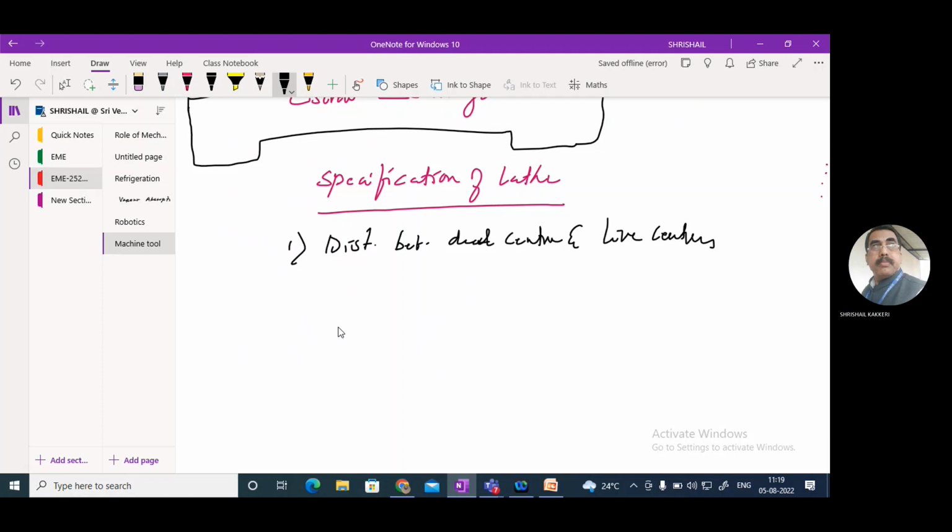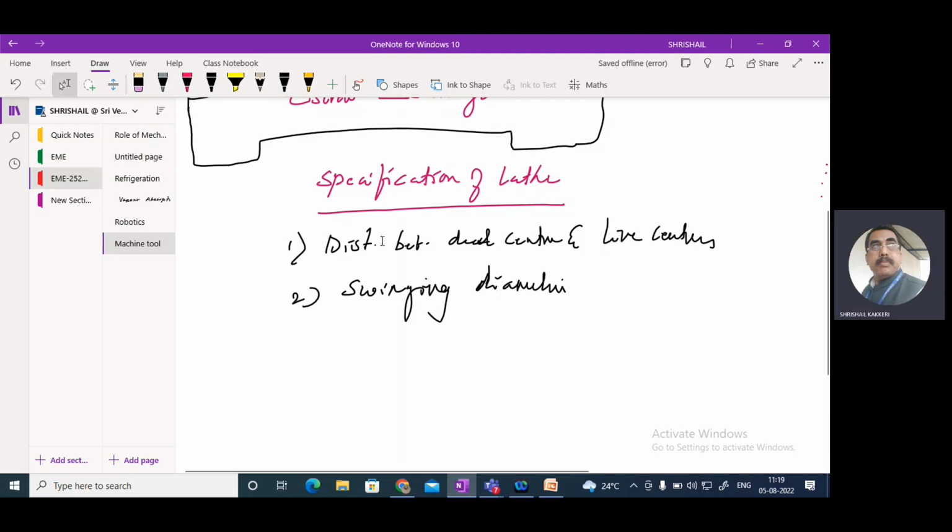The next one, the swinging diameter. The swinging diameter means, if it is rotating, what will be the maximum diameter of the workpiece which can be held over the bed, in the gap? It decides the maximum diameter of workpiece which can be accommodated in the lathe.